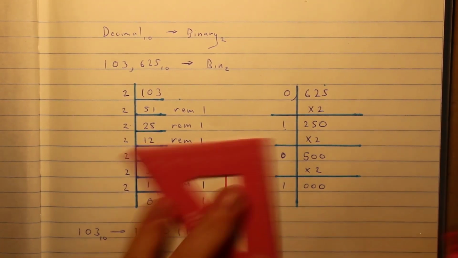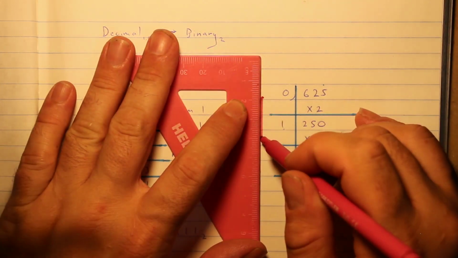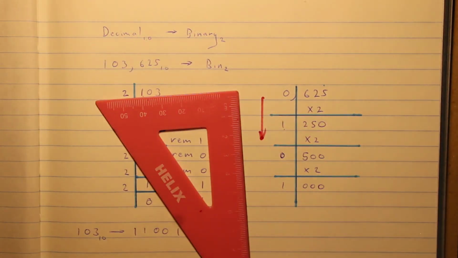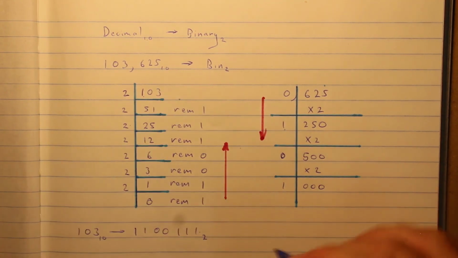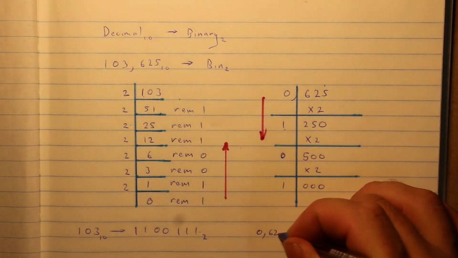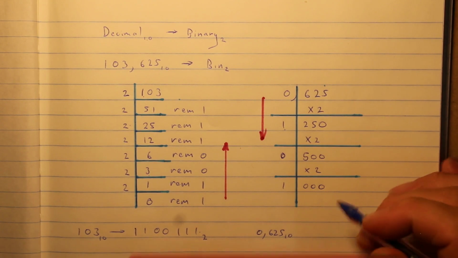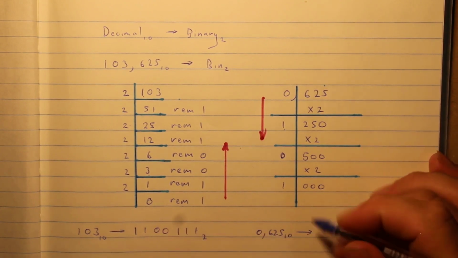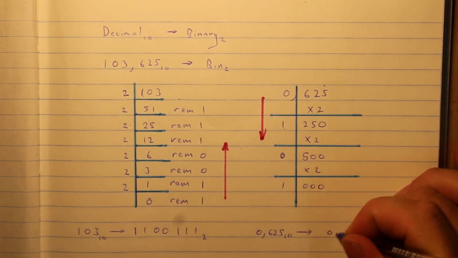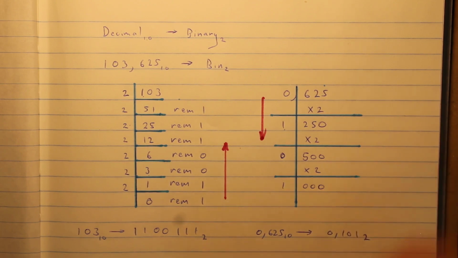On this side, we draw an arrow going downward and read that answer off. So 0.625 in base 10 is 0.101 in base 2.